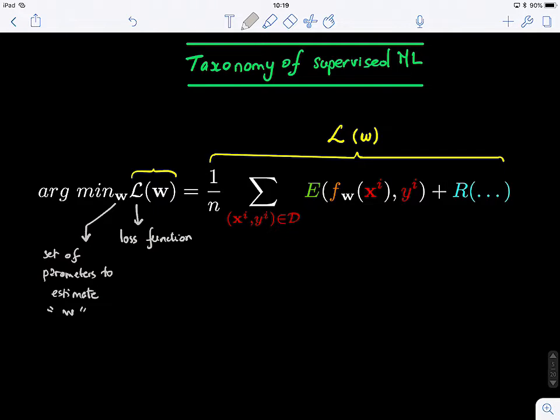Okay? So here, what do we have? We have our training data. This is the observation xi, one training sample i, and its corresponding observation or target output yi. So yi can be a label. It can also be a continuous scalar value if we're doing regression. And what do we have here?